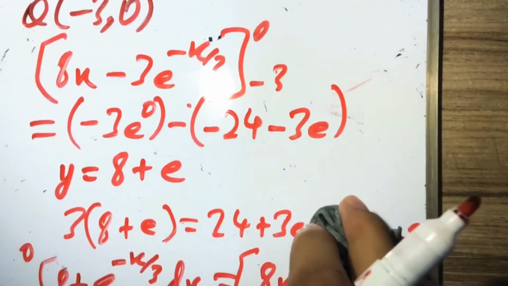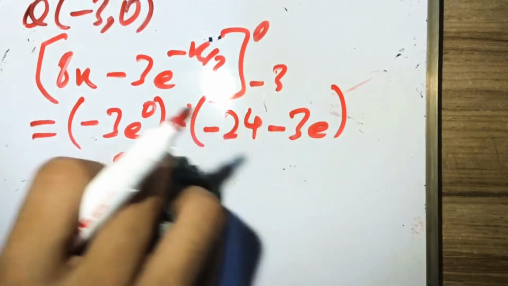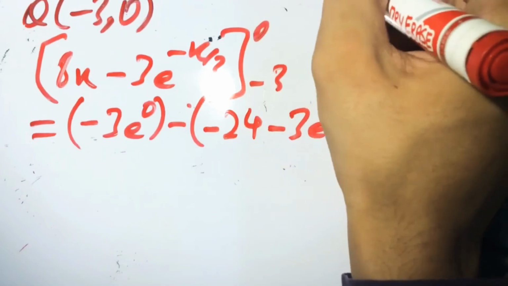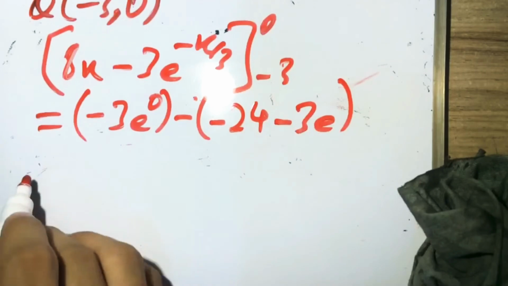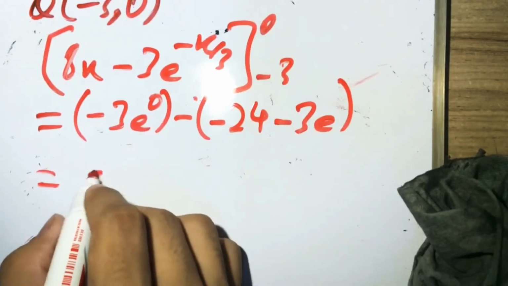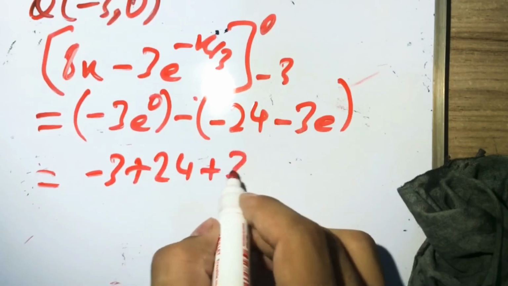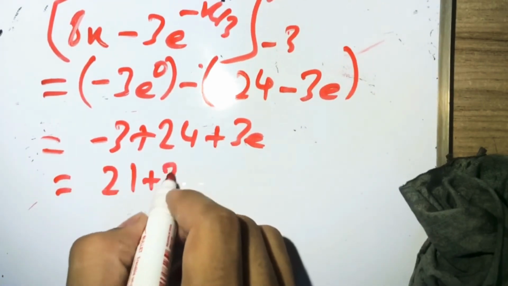Now, this was the area of the rectangle, and now simplifying this becomes 1, so minus 3 plus 24 plus 3e, this is equal to 21 plus 3e.